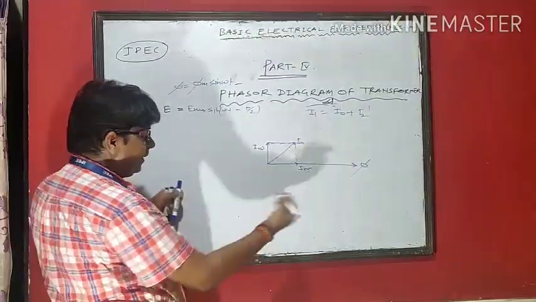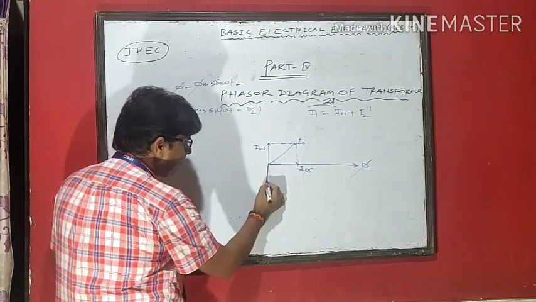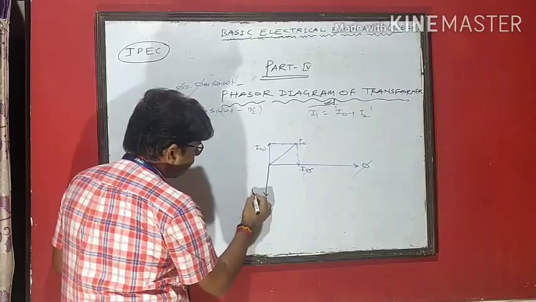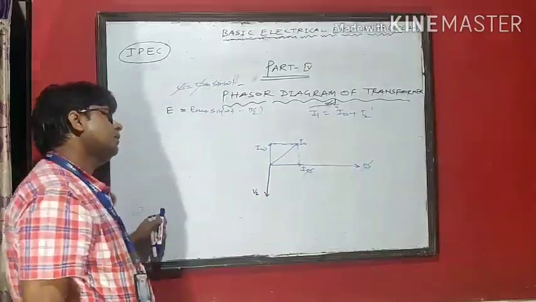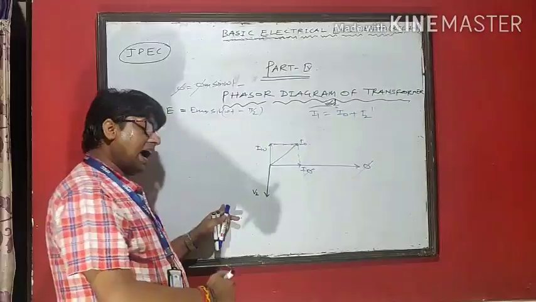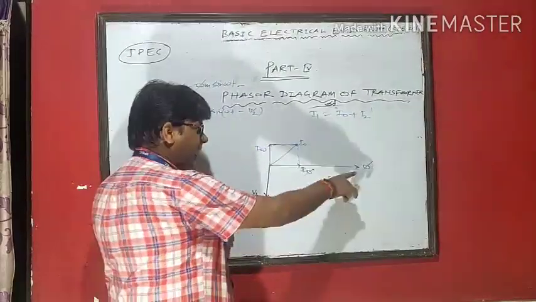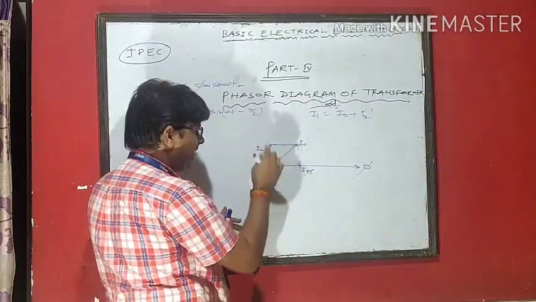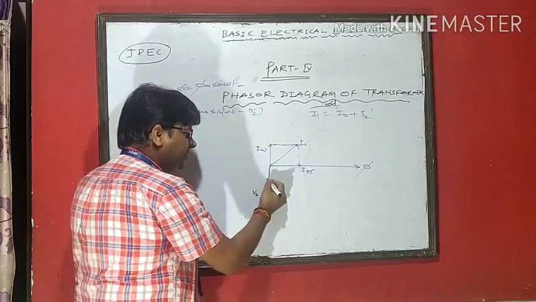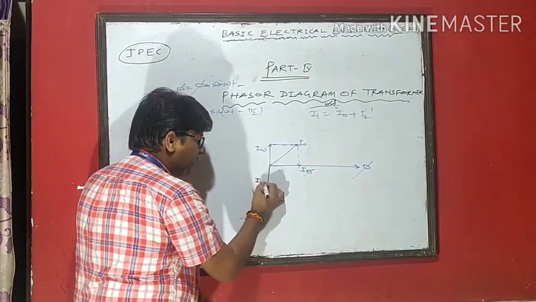You can take V2 anywhere. Suppose we have taken V2 here. This is your V2. V2 and I2 are in the same phase. First phi, I phi, then IW, then I naught, and fourth V2, in the same phase as I2.